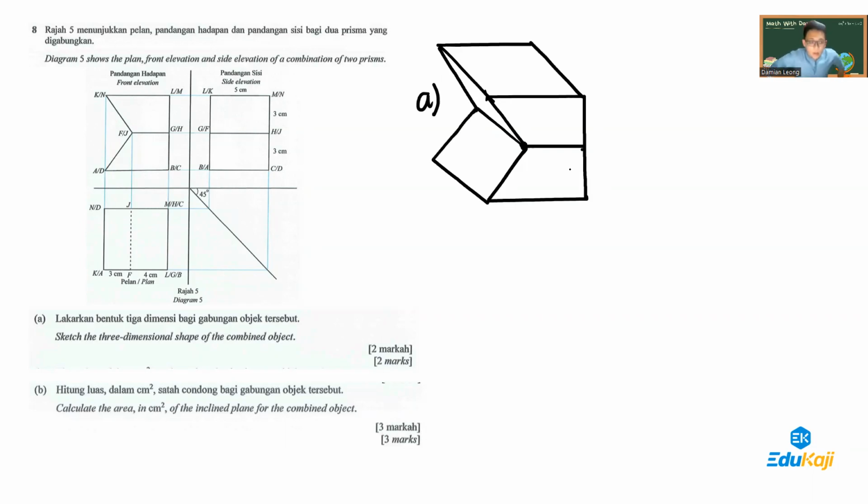It is basically something like this with dotted lines. The lines that we cannot see, keep as dotted lines.